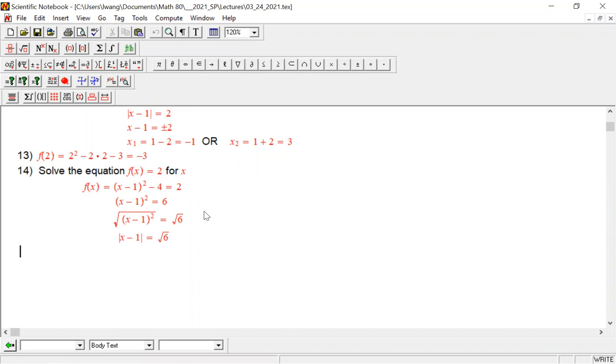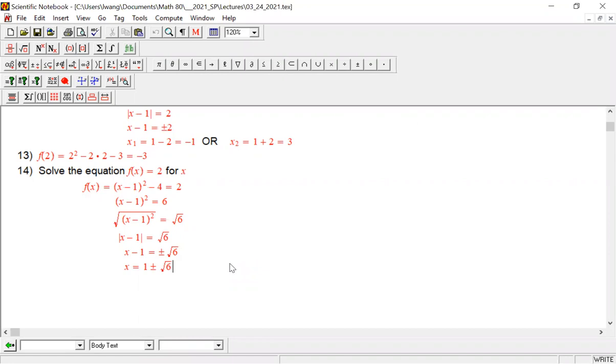And then x minus 1 equals positive or negative root 6. So in the end, we get x equals 1 plus or minus root 6.